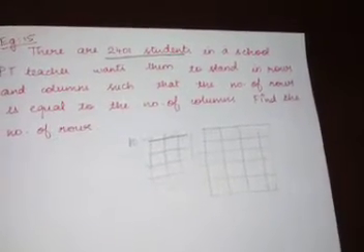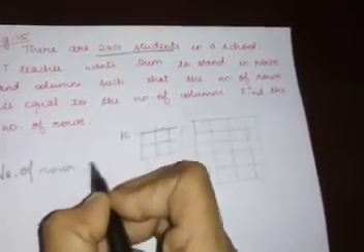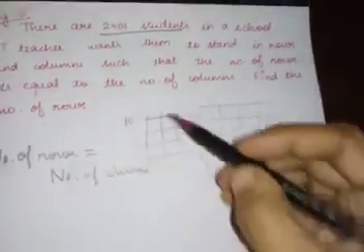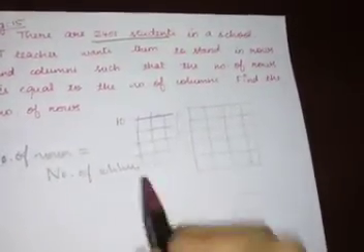So you should find the number of rows. Here the number of rows is equal to the number of columns, right? Both are equal, because if there are 5 rows there will be 5 columns. Like that they'll ask you to stand. So here the number of rows and columns will be the same.